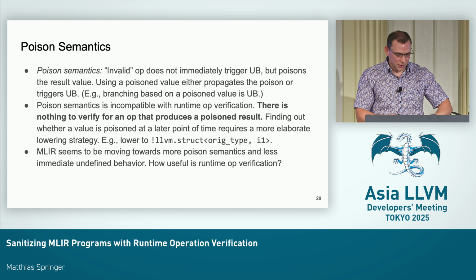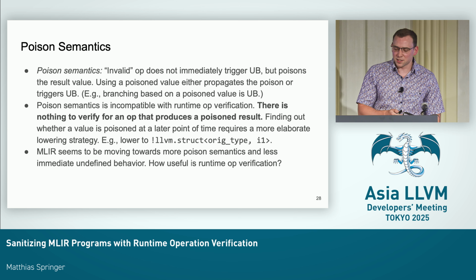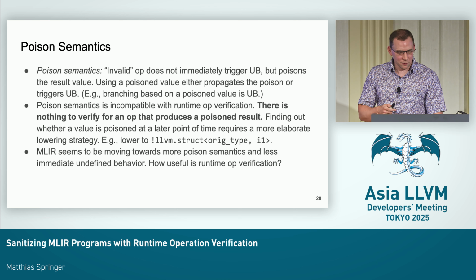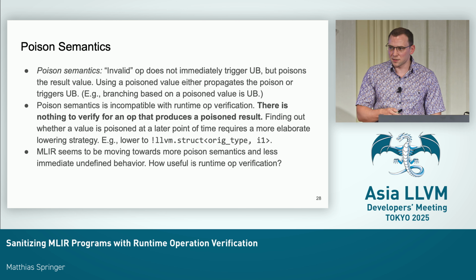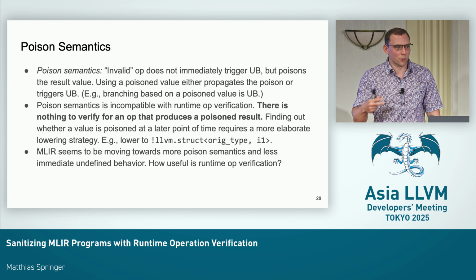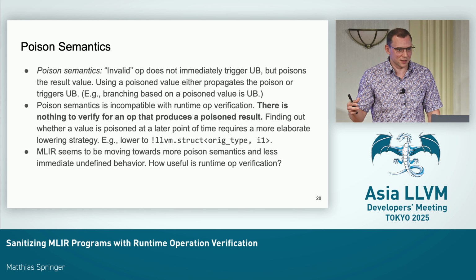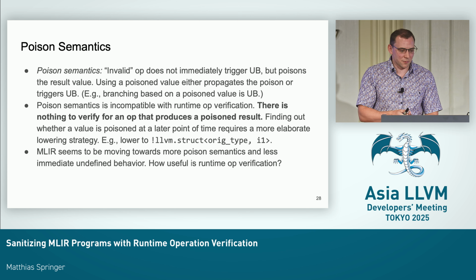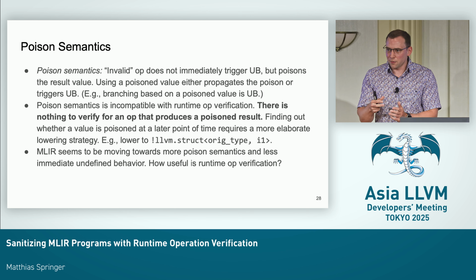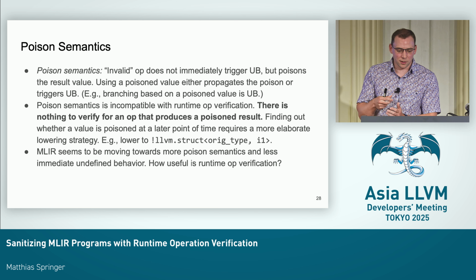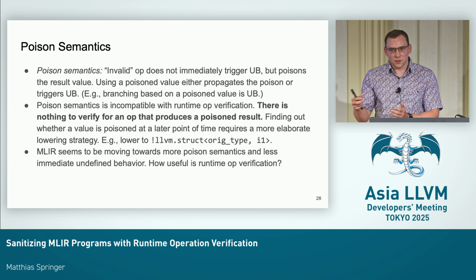Poison semantics, I already mentioned it earlier. Poison semantics means deferred undefined behavior. And it looks like, at least my impression is, MLIR is moving more and more towards poison semantics. And poison semantics is not something that we can check with runtime op verification. You can build a verifier for poison semantics, but that requires you to lower values in a different way.